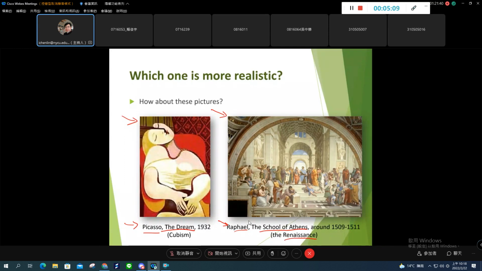nearly 600 years ago. When you take a look at these two pictures, my first question is which one do you think is more realistic? I guess most students may choose this one, but some of them may choose this one. If you choose this one, it means you have some talent for cubism.